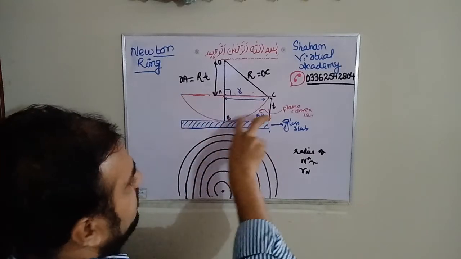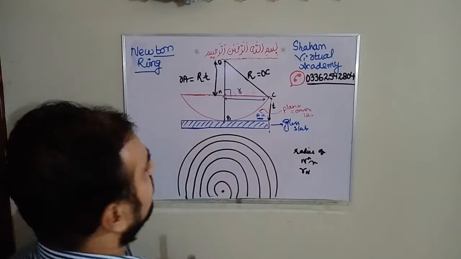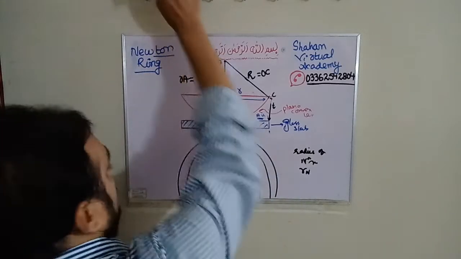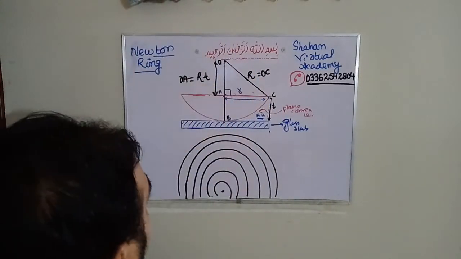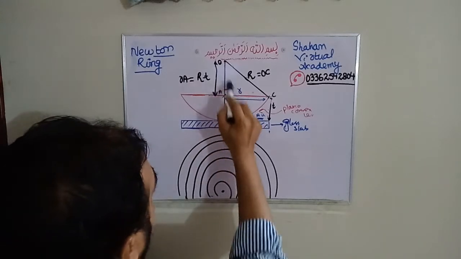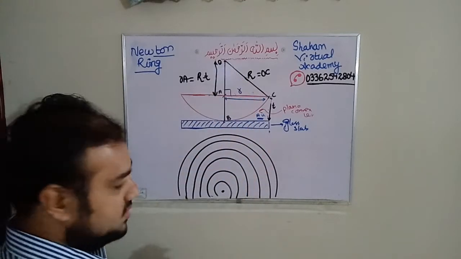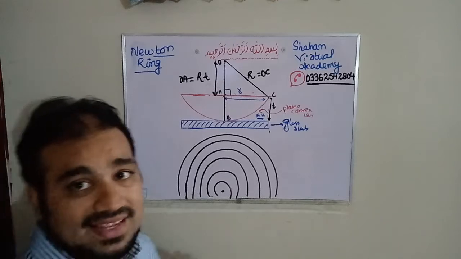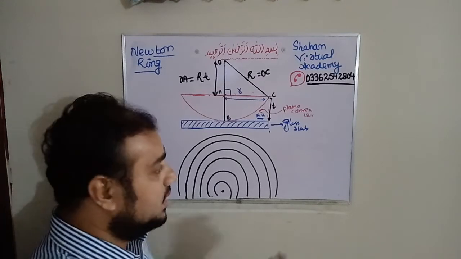Let's suppose this is our plano convex lens, which is placed on the glass slab. This is basically the center of curvature. What is O? It is the center of curvature, basically the imaginary center of any lens.